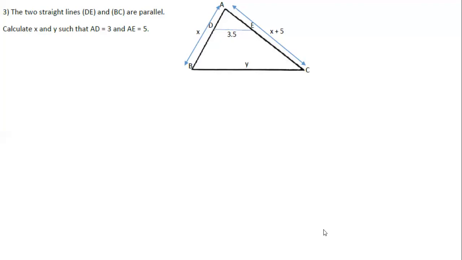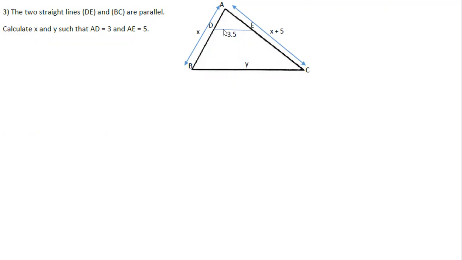The two straight lines DE and BC are parallel. Calculate X and Y such that AD is equal to 3 and AE is equal to 5. Okay, let's look again at this figure, Yasmina. Can you name the triangle that we have? ABC.